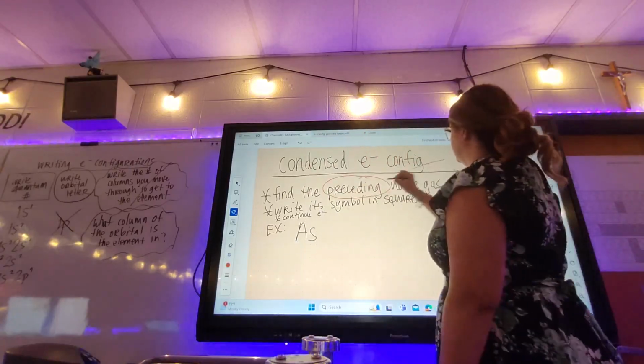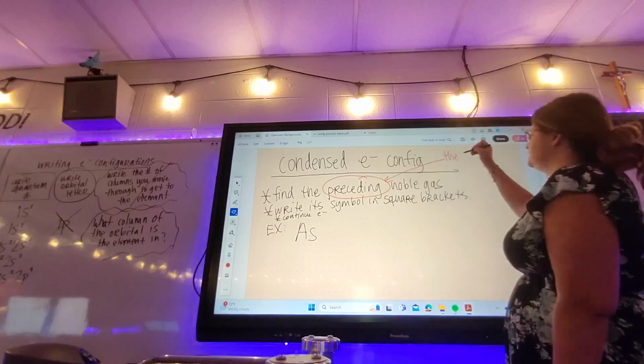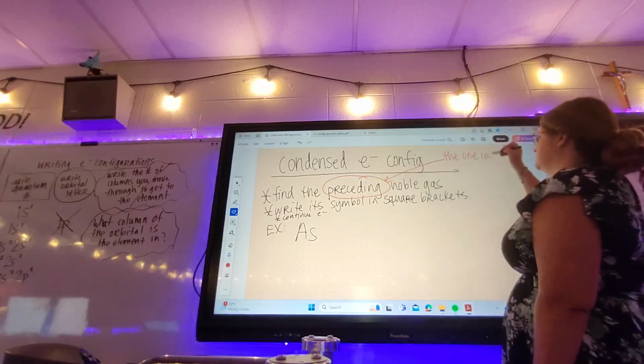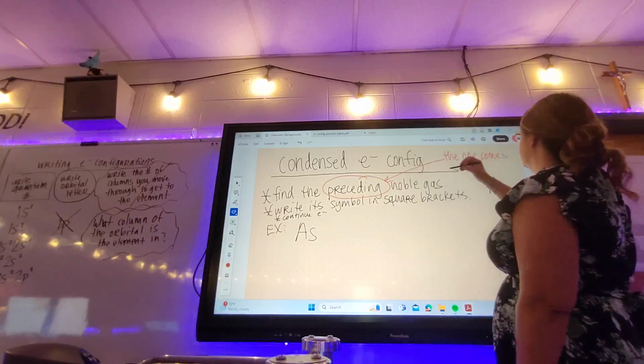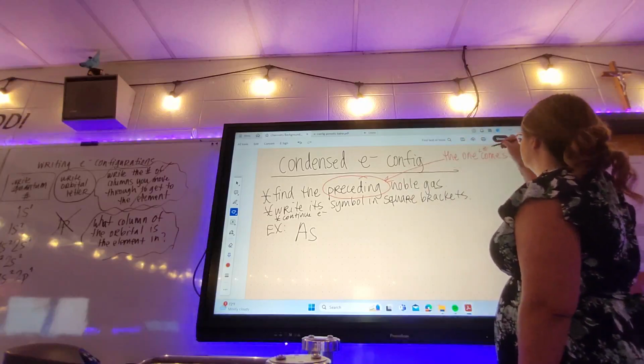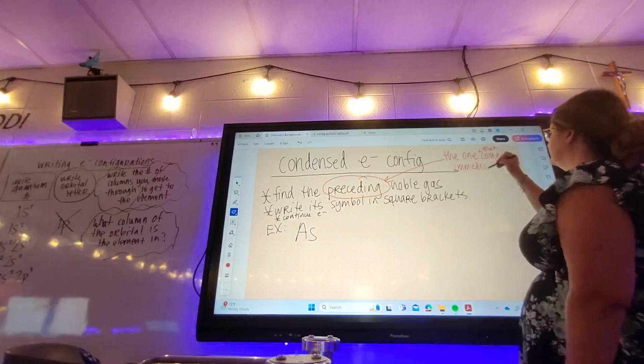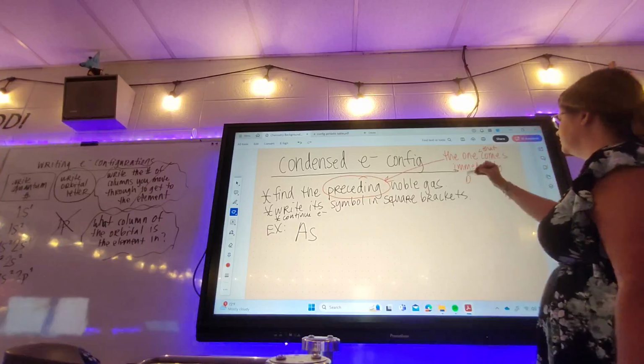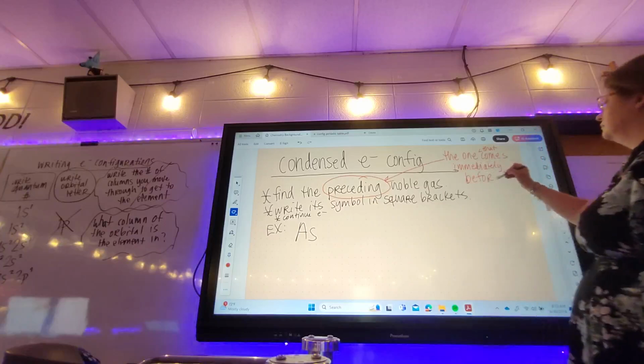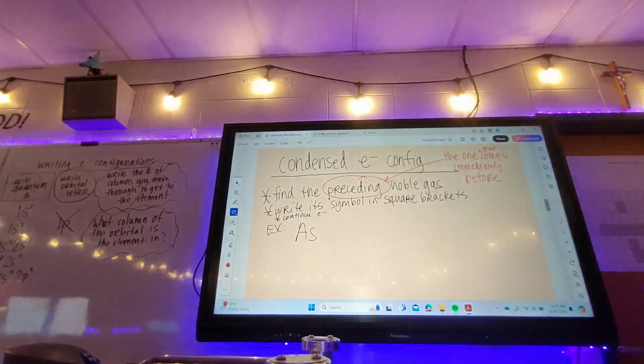Preceding means the one that comes before it. So you can't just pick any random element or any random noble gas. You have to pick the one that comes immediately before, not after, not the one that's closest, the one that comes before.